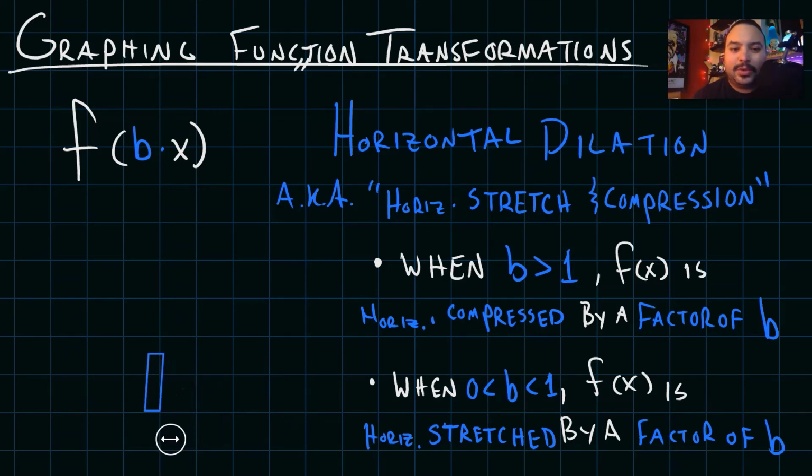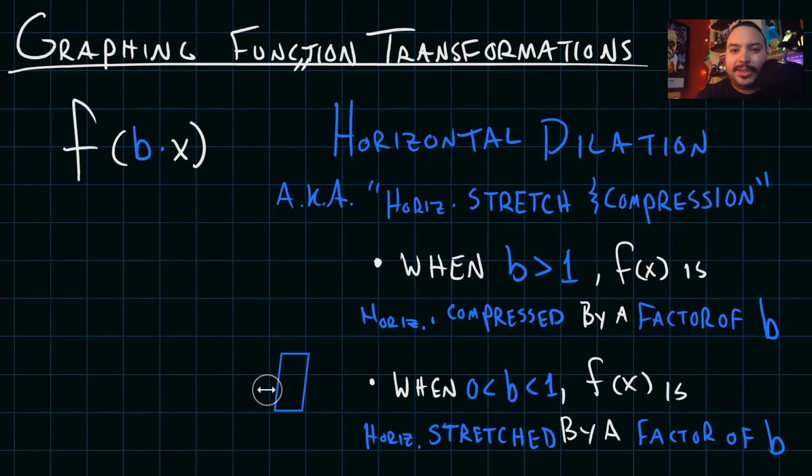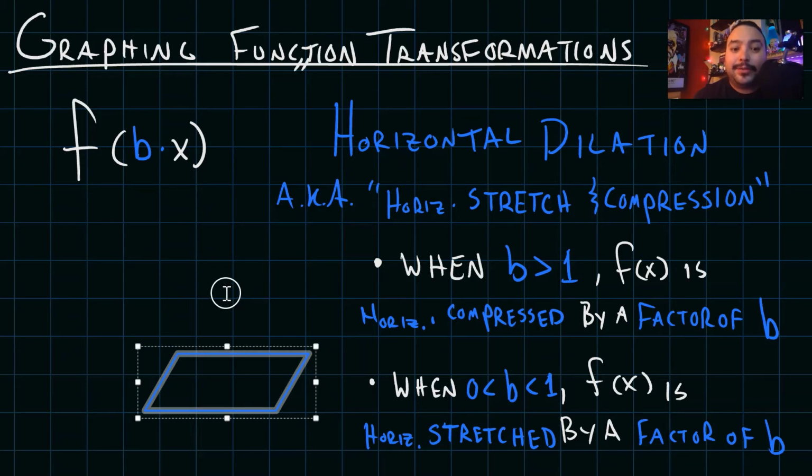It squeezes it horizontally. But because we're changing horizontally, once again inside the argument of a function, things work a little bit backwards. In this case, when b is greater than 1, f of x will be horizontally compressed. So a larger b value will actually squeeze the graph in like this, instead of stretching it like our vertical stretch and compression.